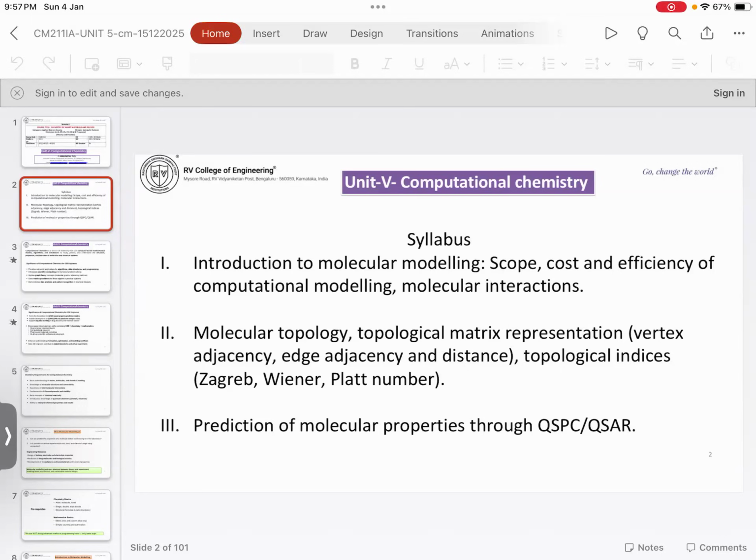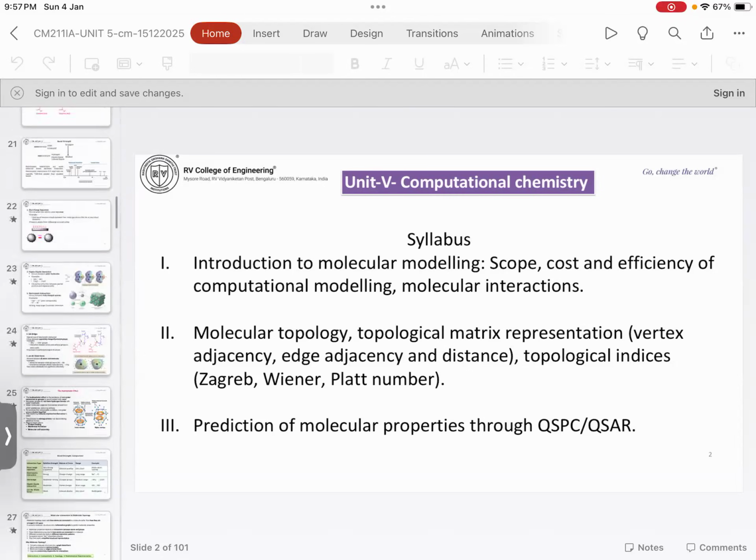In the second part of the video, I covered molecular topology, where I discussed various matrix representations like vertex adjacency matrix, edge adjacency matrix, distance matrix, and weighted vertex adjacency matrix. I'll be continuing with the topological indices in this third part of this unit.